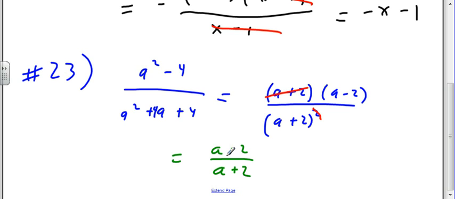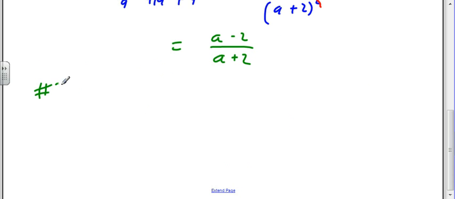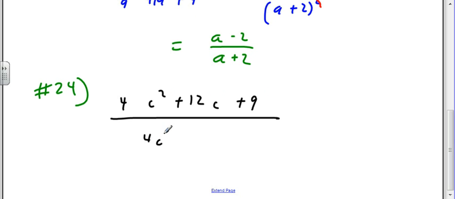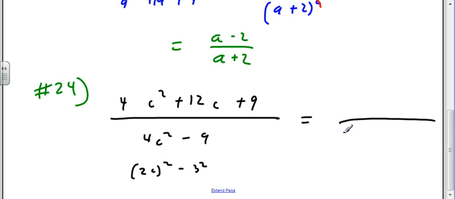All right. Drop down to 24. 4c squared plus 12c plus 9 over 4c squared minus 9. We recognize the bottom as 2c squared minus 3 squared, so we can factor that down. 2c plus 3 and 2c minus 3.